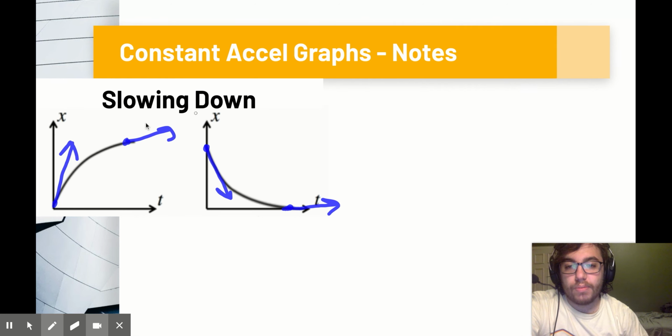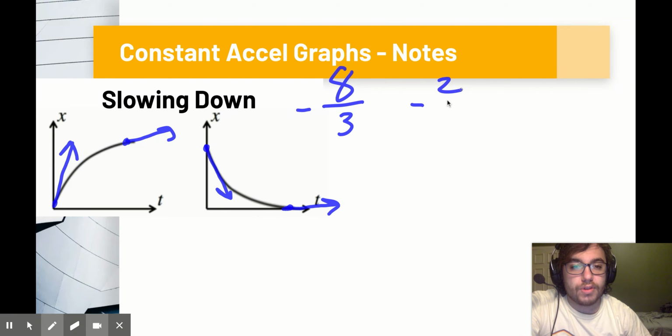The premise is that anytime rise over run gets less, no matter the value, so it can be a negative rise over run. If this number is going from, let's say, 8 over 3 to 2 over 3, you'll obviously choose this one as the smaller one compared to this one.